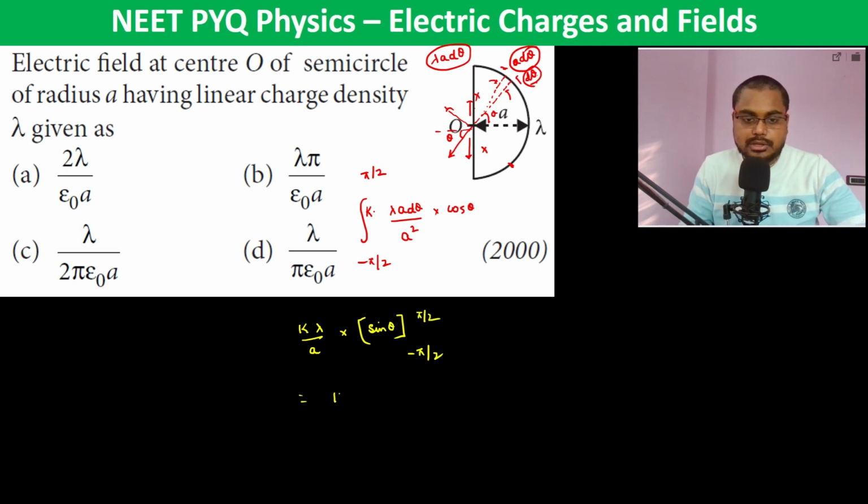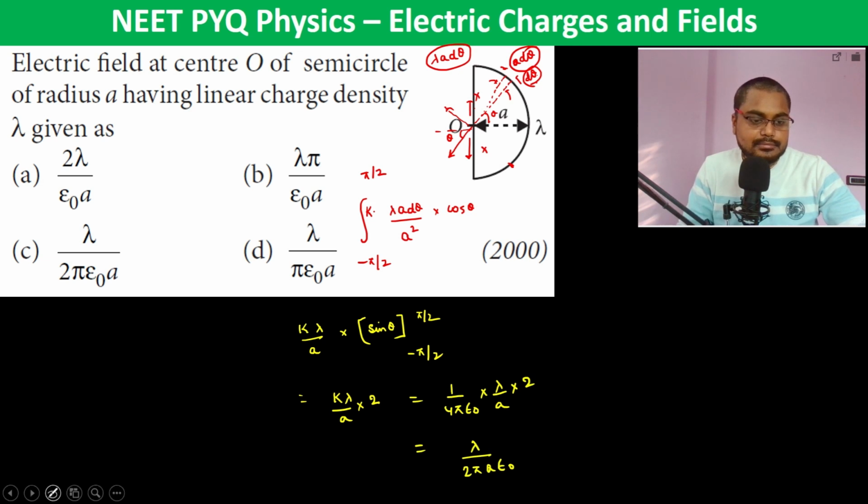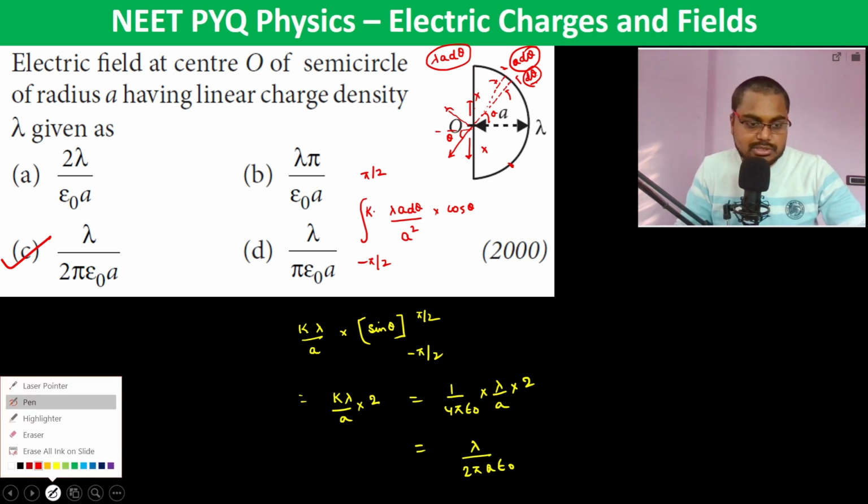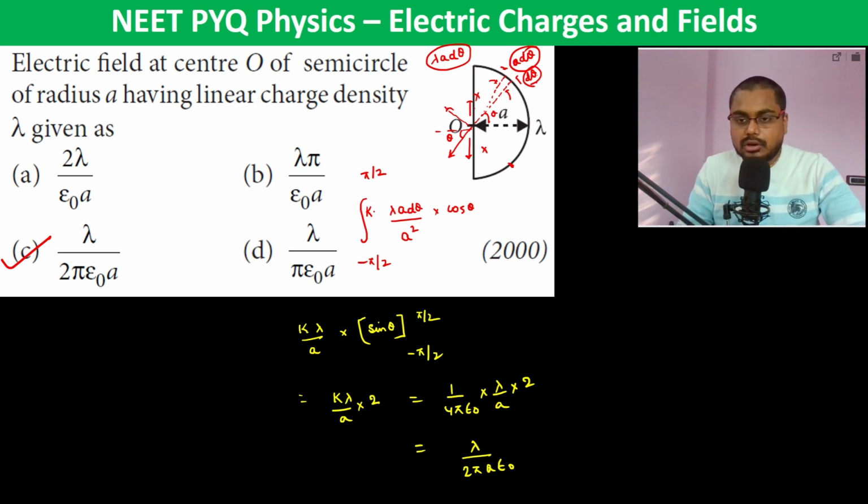So it's going to be k lambda by a into 2, so 1 by 4 pi epsilon naught into lambda by a into 2. This is going to be lambda by 2 pi a epsilon naught. So C is going to be the answer. And just again I will show you how we integrated.